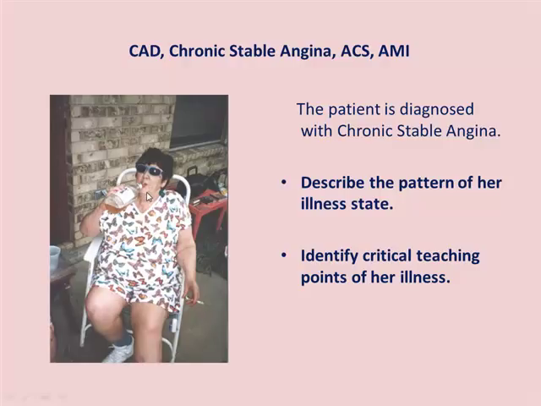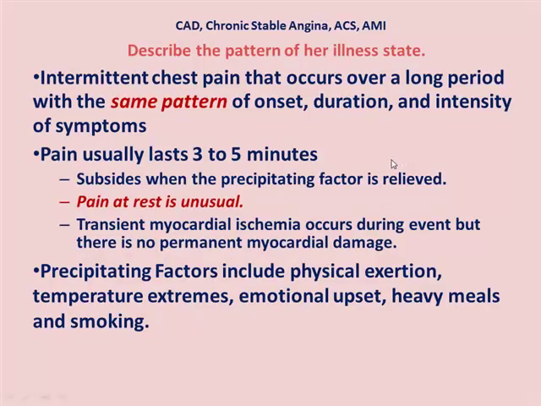So tell me, what would you expect the teaching points to be about the pattern of her illness state? Because chronic stable angina has a very specific pattern to the pain. Angina is chest pain. And here it is. The intermittent chest pain can happen at any time, but it will always be in the same pattern, duration, and intensity.